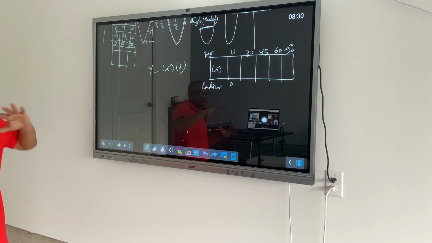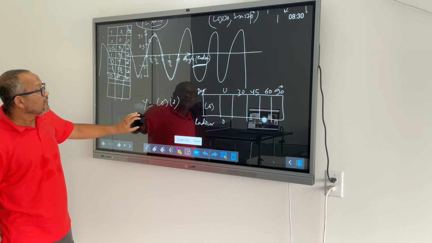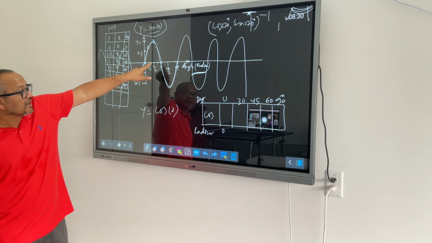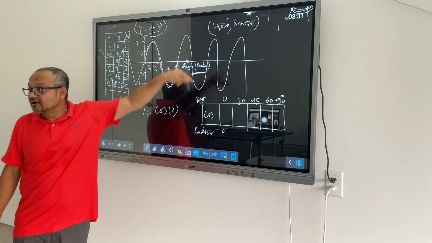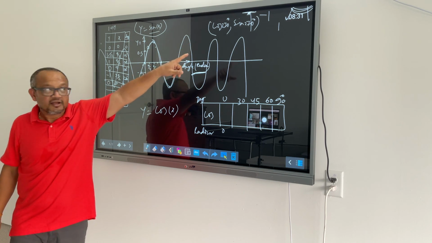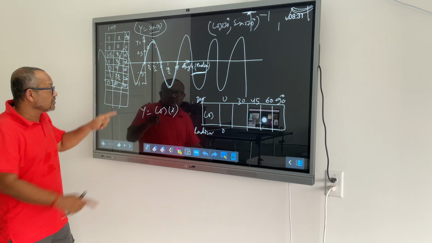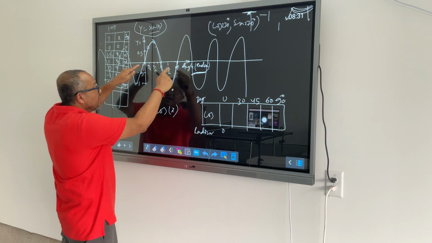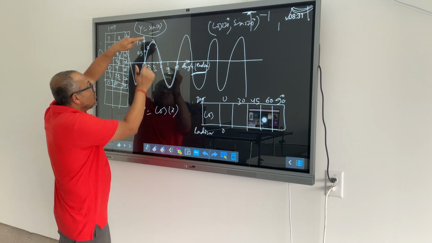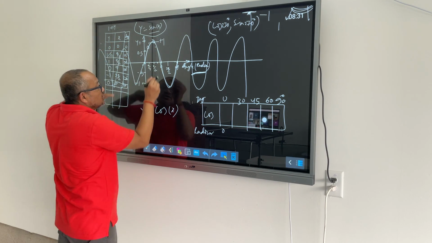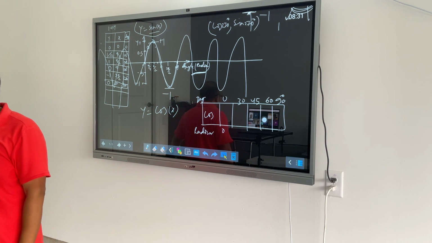If you have 4 options and only one looks like this sinusoidal curve, and you see that after every 2 pi this whole cycle repeats and it ranges from +1 to -1, you can blindly pick this as an option.